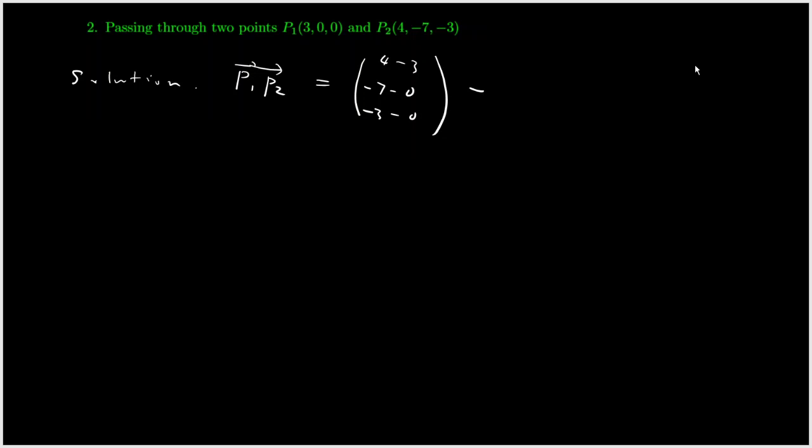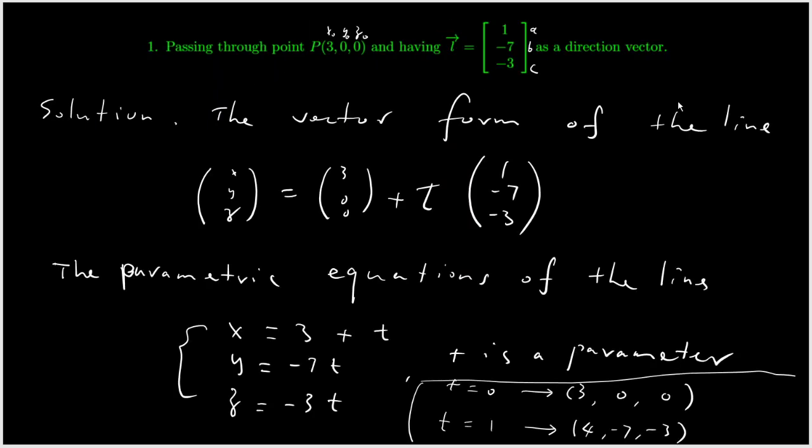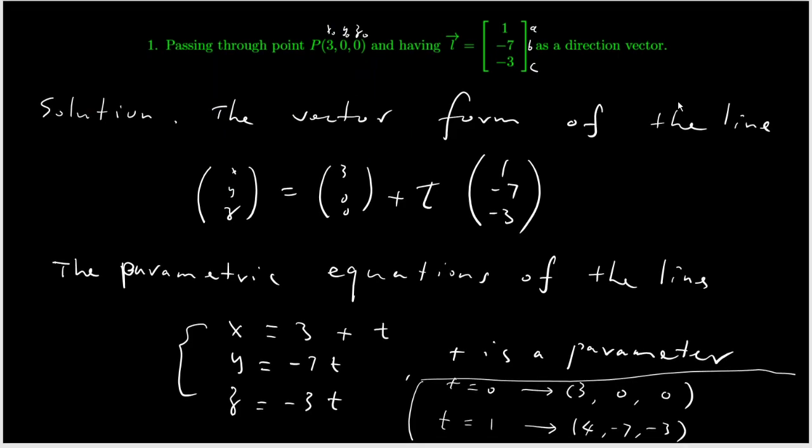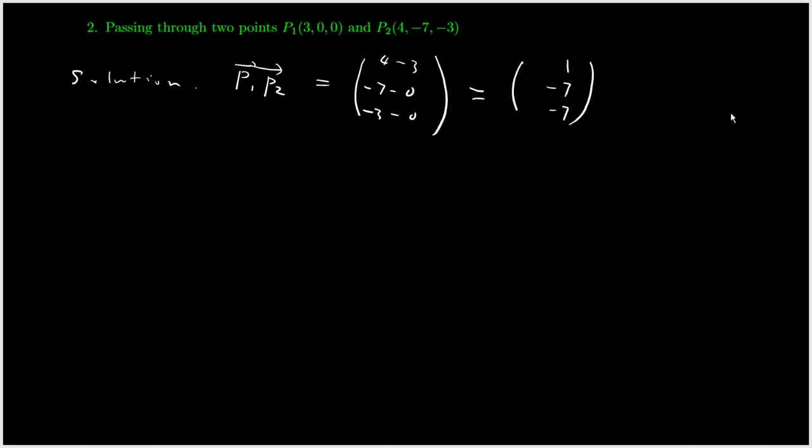So this vector has 3 components: 1, negative 7, and, correcting that, the bottom number should be negative 3, not negative 7. So negative 7 and then negative 3, right? Do you see the question is actually converted to the first problem? We'll complete the solution anyway, okay?